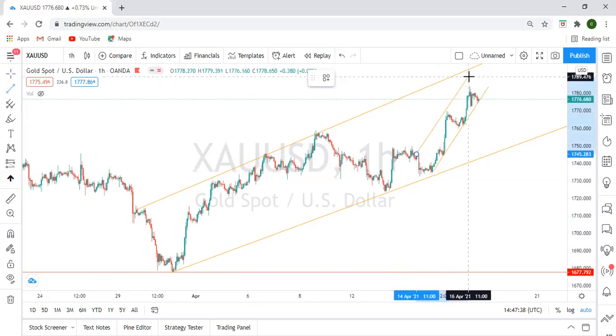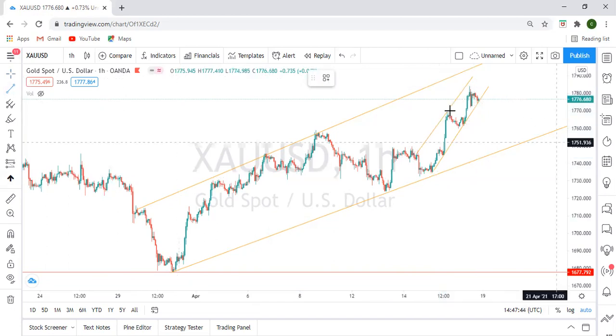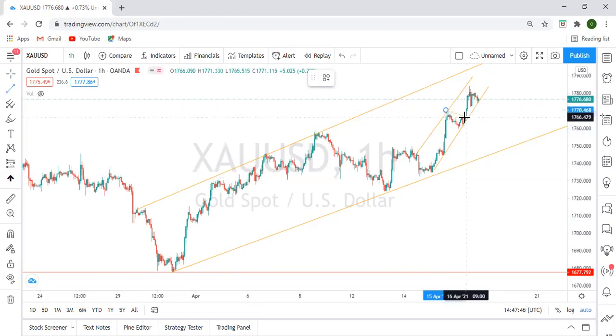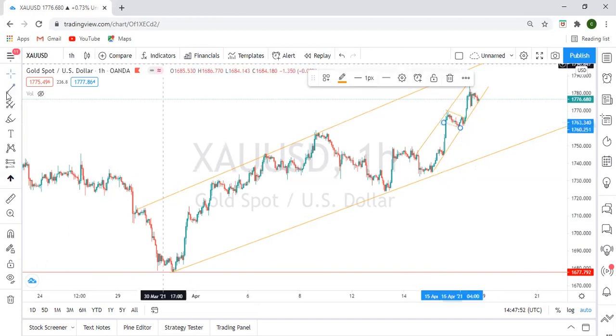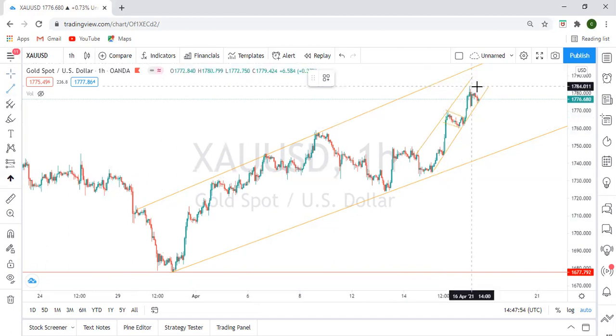Be very patient with the market. So I'm sure all of you see what I'm talking about. Having a correction here, a correction here, a correction here, and then we're having a correction here.